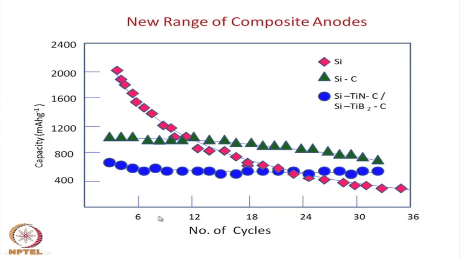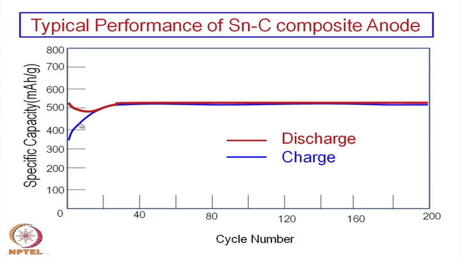And so these are again some of the characteristics, of course, for a limited period, and one can see silicon, although it has a very high capacity, you can see the range of this capacity is much higher. Okay. If you compare the earlier values, it is about 400, 500.